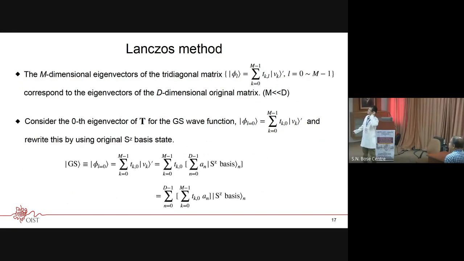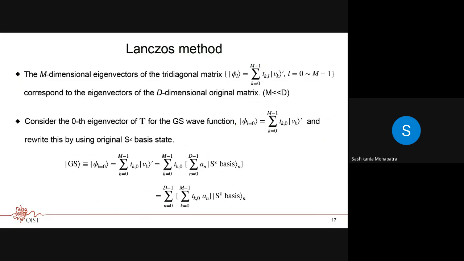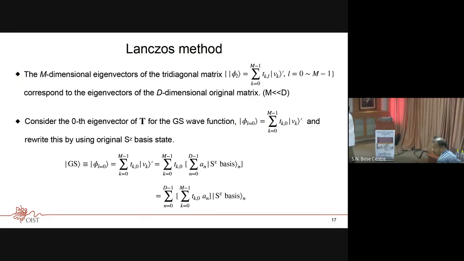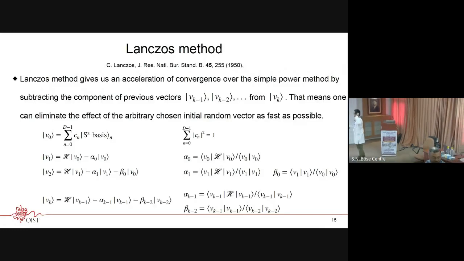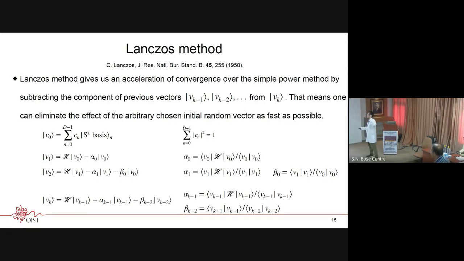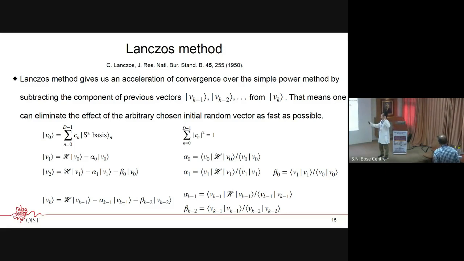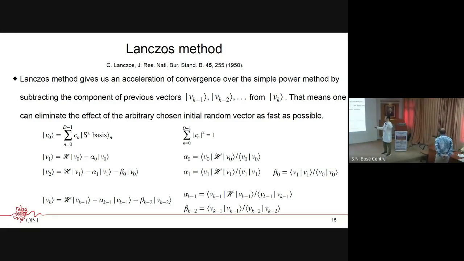Are you asking about the wave function part? Yes. Okay, I see. First, the Lanczos vectors are obtained by using this equation. These Lanczos vectors are written in the Sz basis, the original Sz basis.